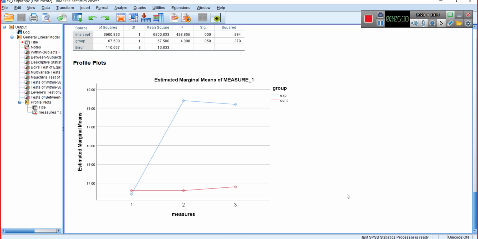Or you may want to ignore the follow-up and do the covariance analysis, just looking at the effect of treatment and controlling for the effect of the covariate, that is the pretest variable.